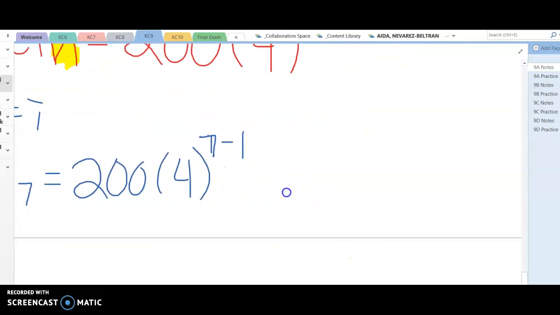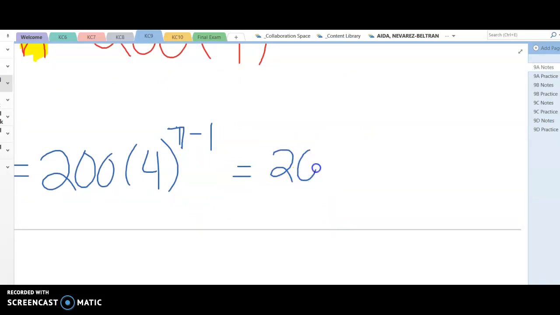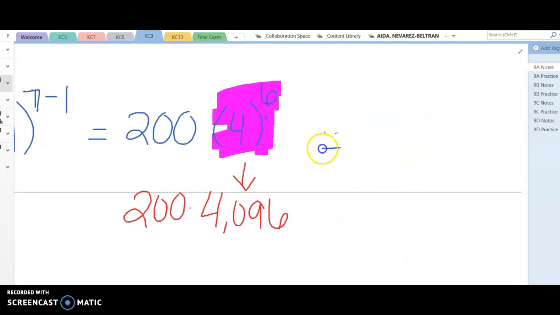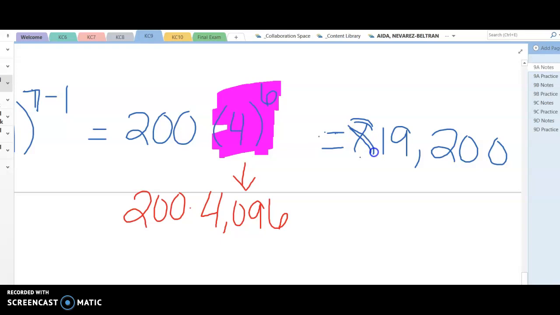So we're actually doing 200 times 4 to the 6th power, and you always do the exponent first. 4 to the 6th power is 4,096, and then we multiply that by 200. The answer we should get is 819,200.